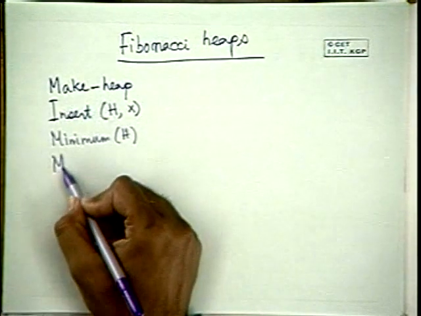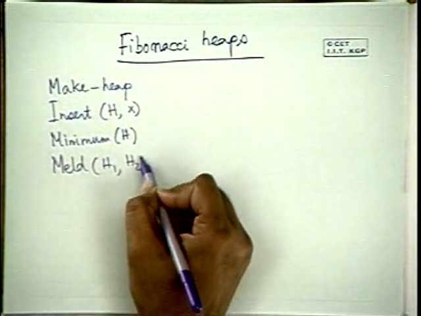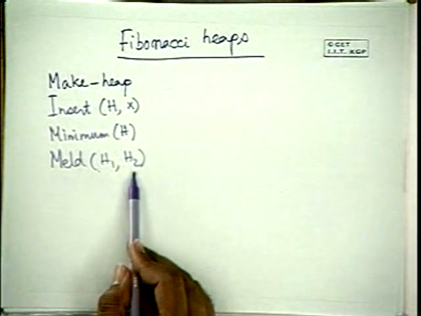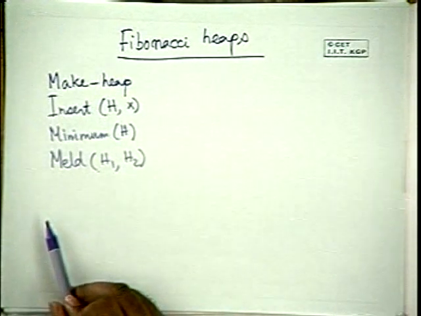Then there is another operation, meld, which is like merge, of H1 and H2. It takes one heap H1 and another heap H2 and merges these two heaps into a single heap.